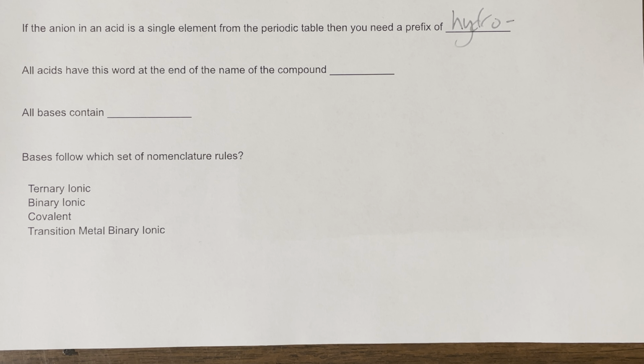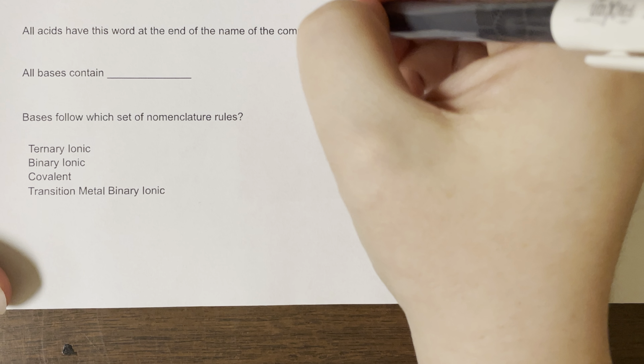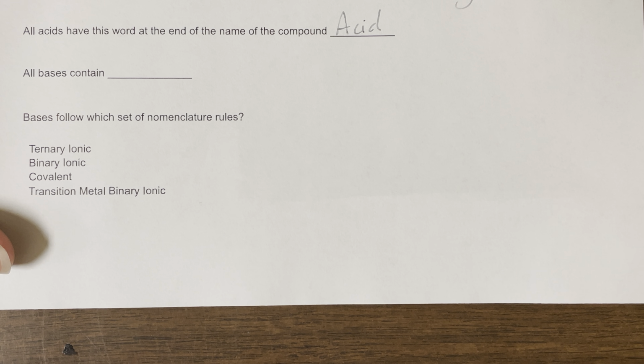That prefix is going to be what tells you that it is coming from the periodic table and is not, in fact, a polyatomic. All acids have a word at the end of the name of the compound. That word is acid. All acids declare themselves to be acids.